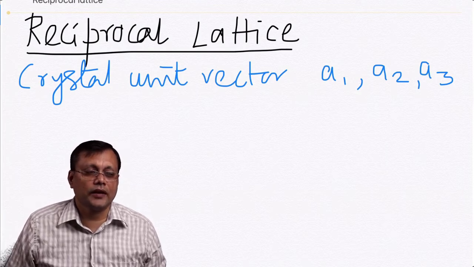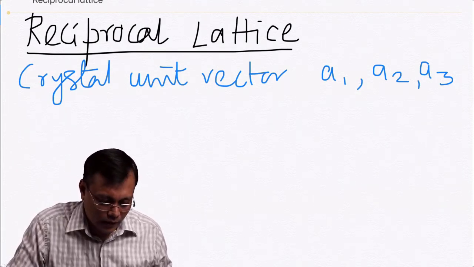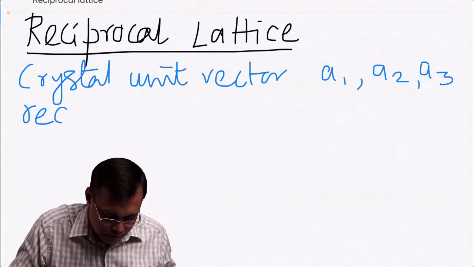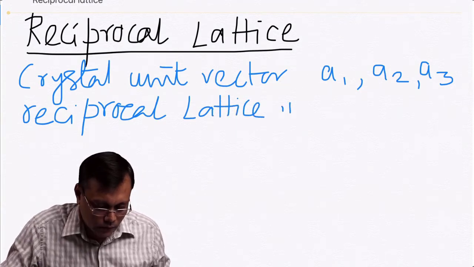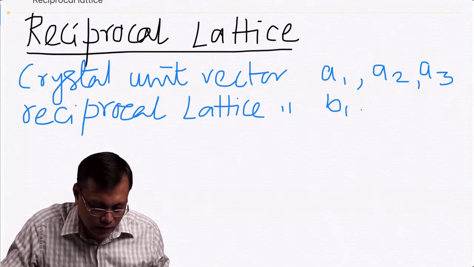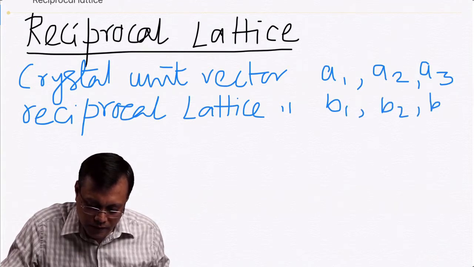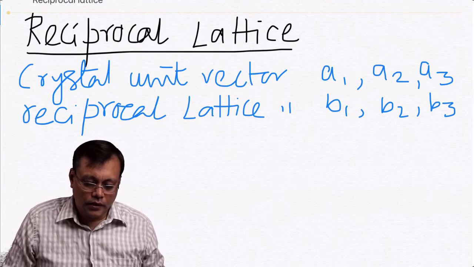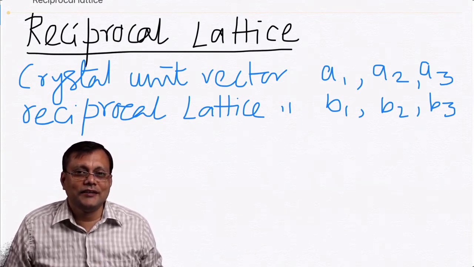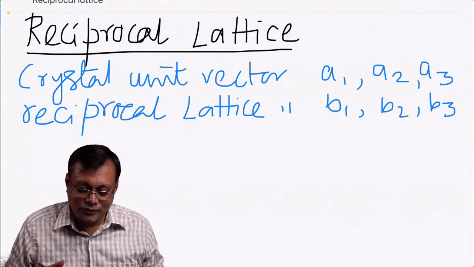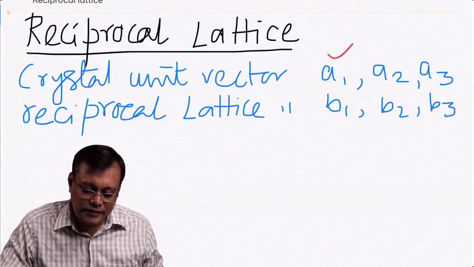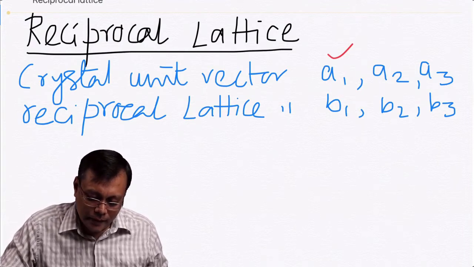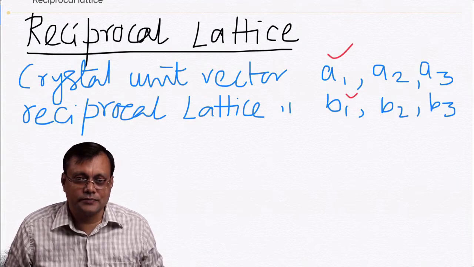Now, in a very similar way, we can define reciprocal lattice vectors as B1, B2 and B3. We first need to find out the relation between the crystal unit vector A1 and the reciprocal lattice vector B1.